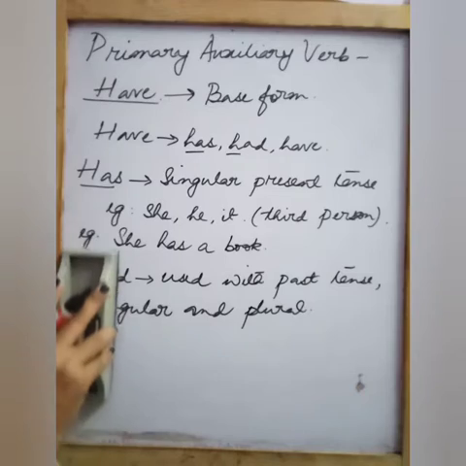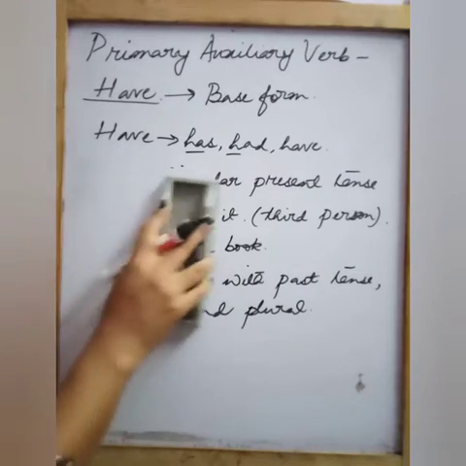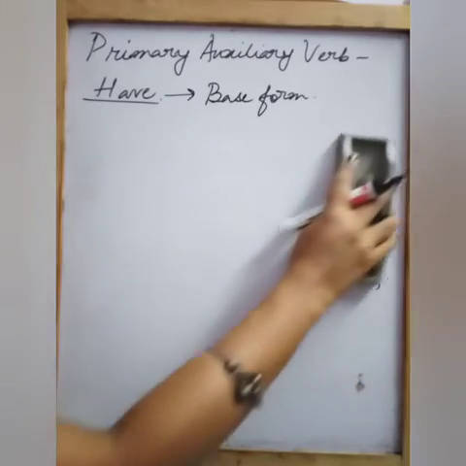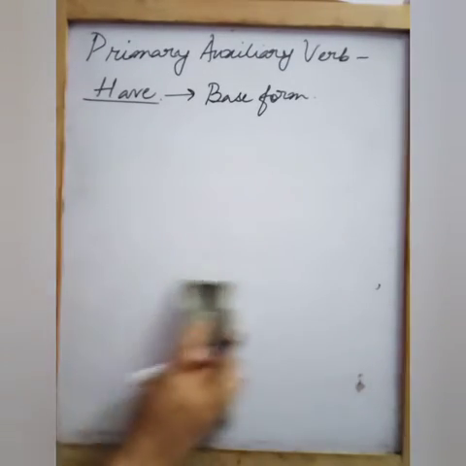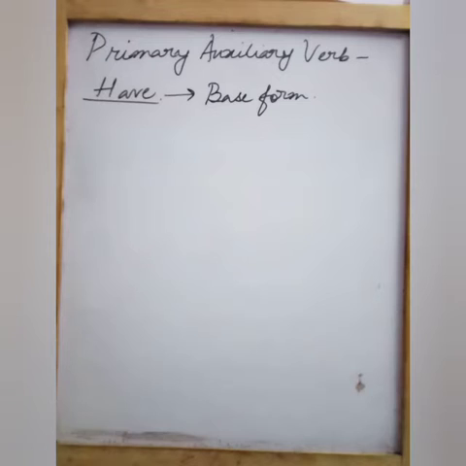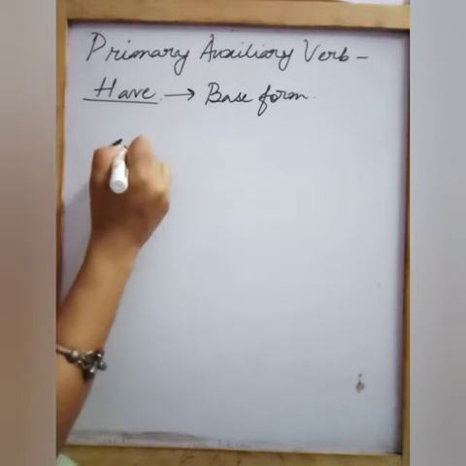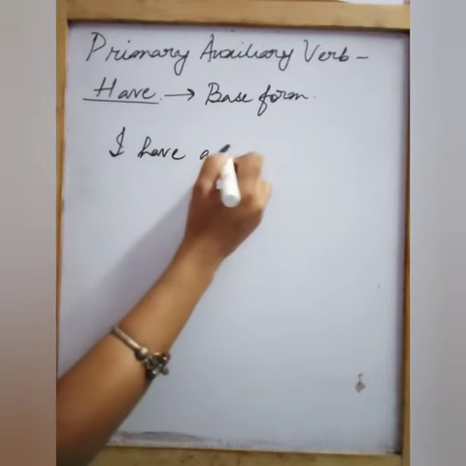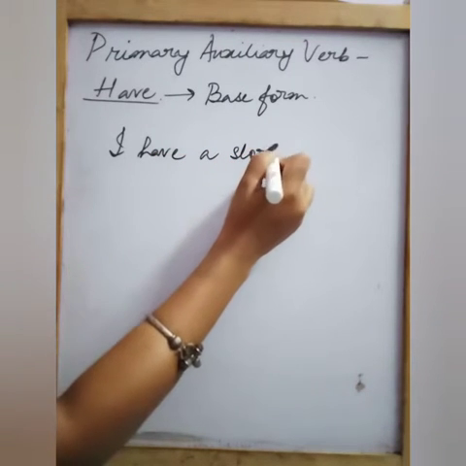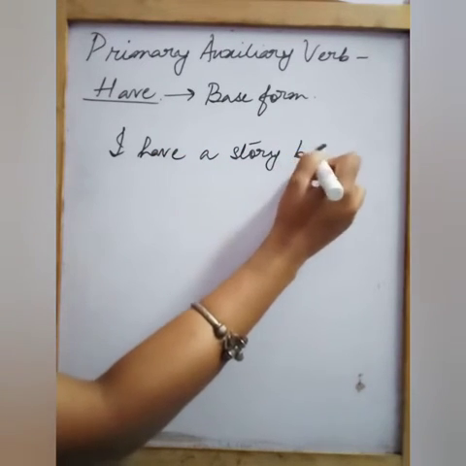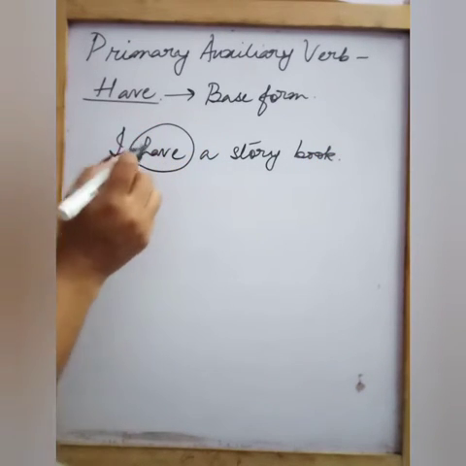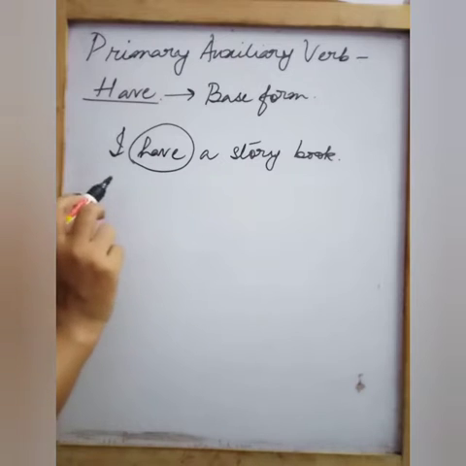Fine. Now let's take an example here. Say, if I say I have a story book. Now see, here have is being used as the main verb, not the auxiliary verb.